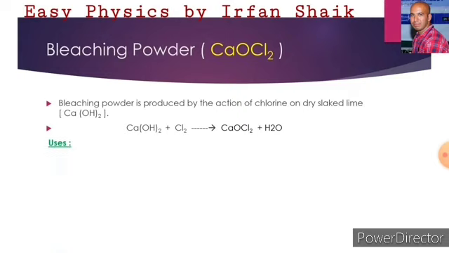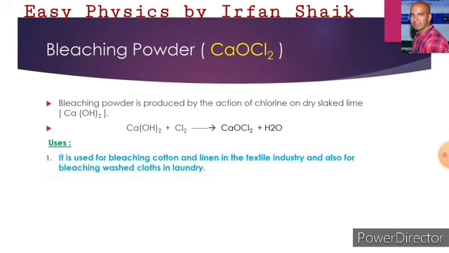Let us try to know the uses of bleaching powder. It is used for bleaching cotton and linen in the textile industries. We also use this bleaching powder to wash clothes in laundry.